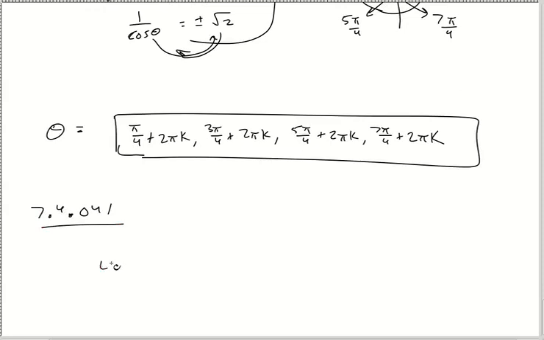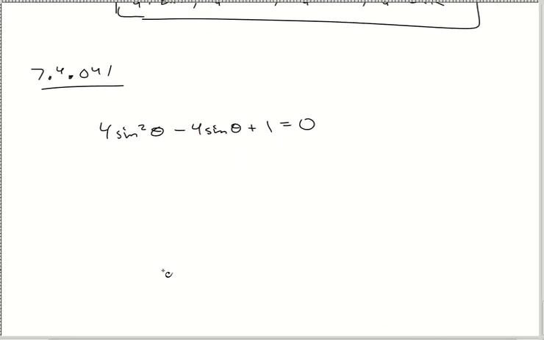74041. I've got 4 sine squared minus 4 sine theta plus 1 is equal to 0. I give up. It's too hard. Oh, no, it's not too hard. Whenever I see this format, I think quadratic.